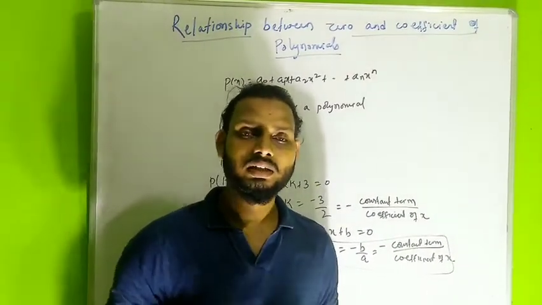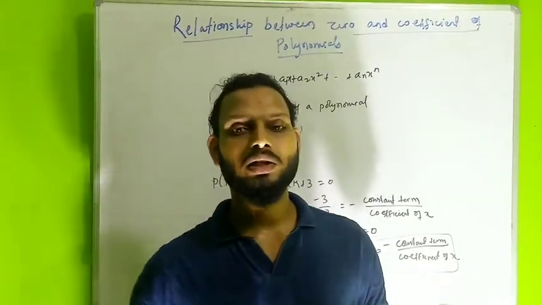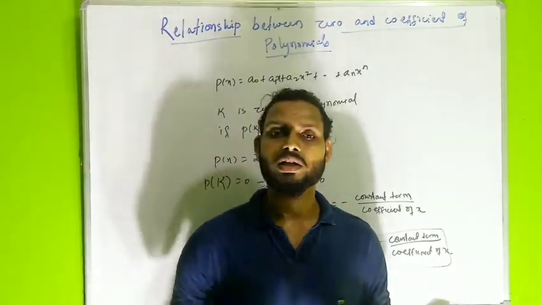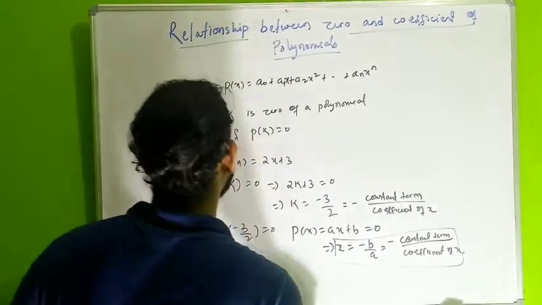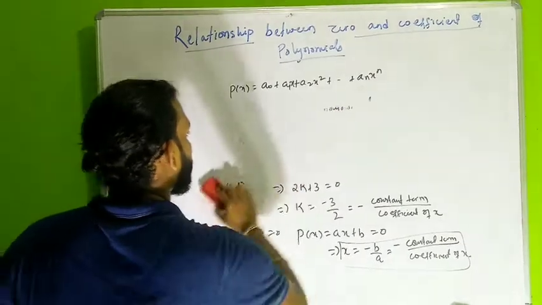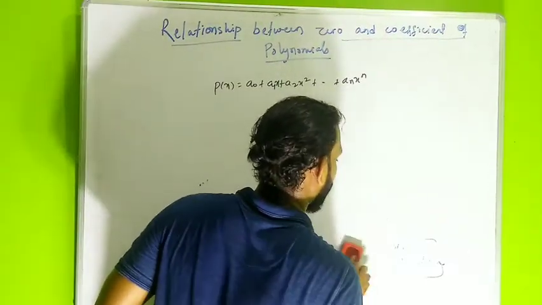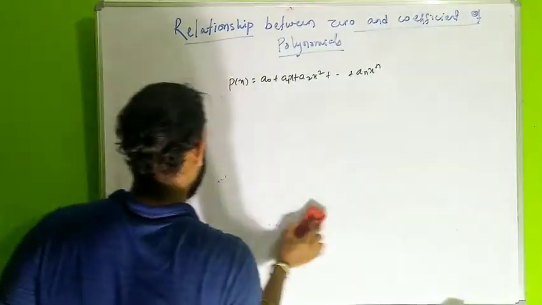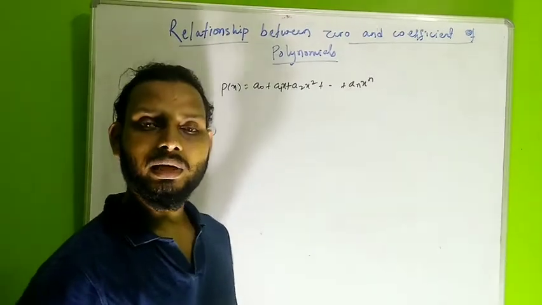So let us consider a quadratic polynomial and see what the relationship is between the zeros and the coefficients of the quadratic polynomial. First of all, let us take a particular example.